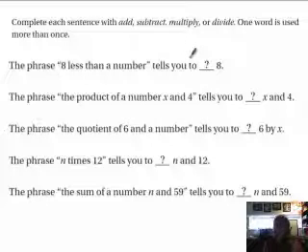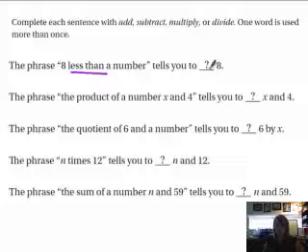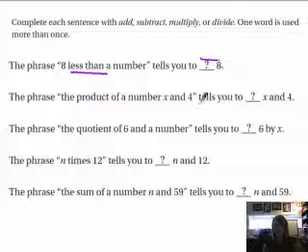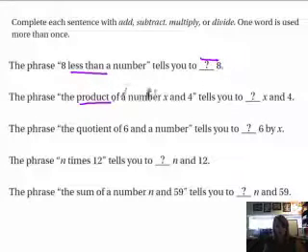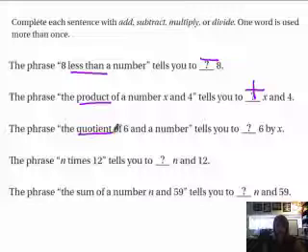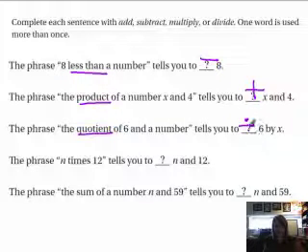Here we want to complete each sentence with add, subtract, multiply, or divide. One word is used more than once, so let's figure this out. The phrase 8 less than a number tells you you need to subtract 8. The product of a number x and 4 tells you you need to multiply x and 4. The quotient of 6 and a number x tells you you need to divide 6 by x.